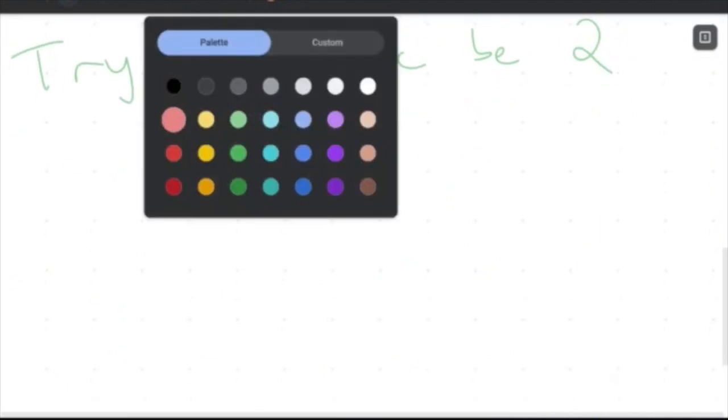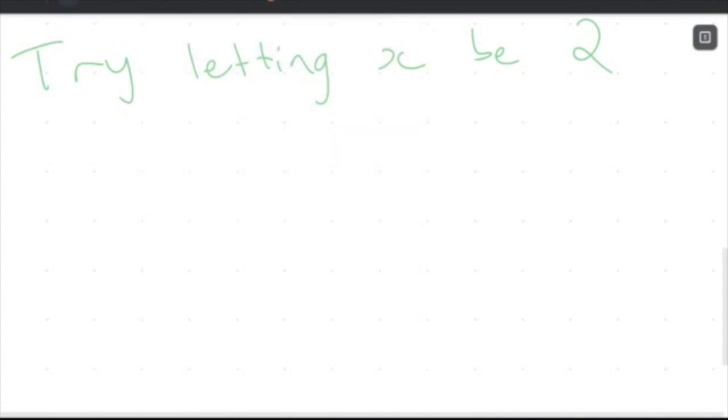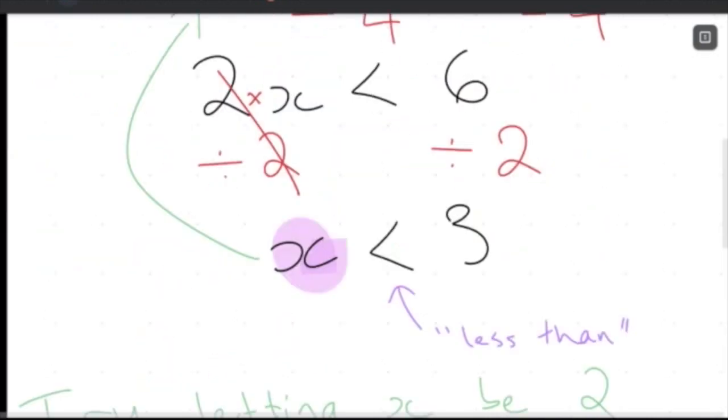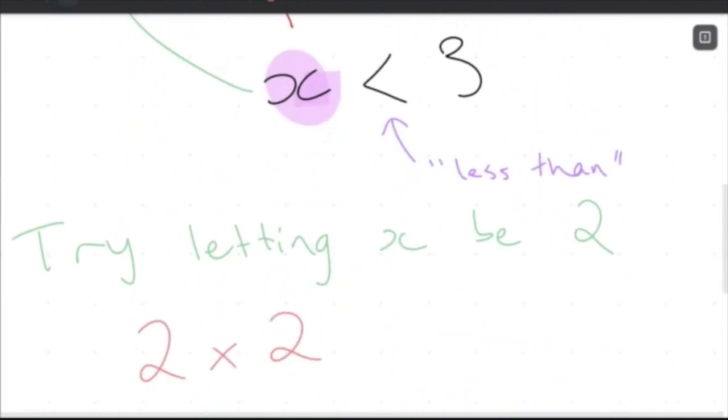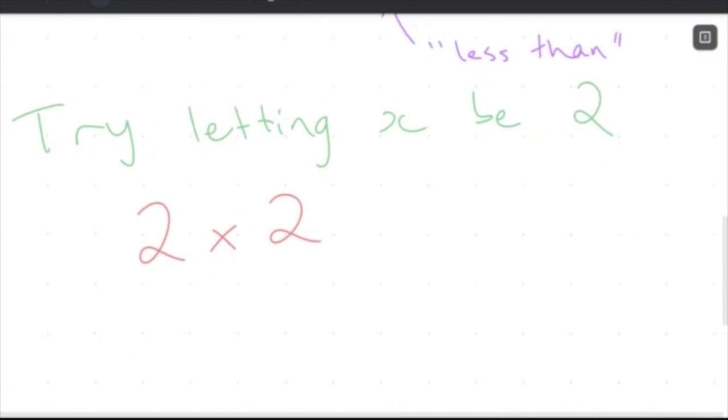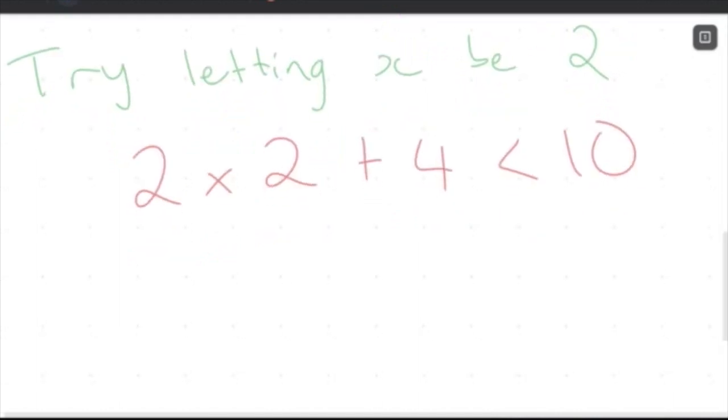So I'm going to substitute that in, and I get 2 times 2, so instead of x, I've just put my 2 from here, plus 4, which should be less than 10. Now, 2 times 2 gives me 4, plus 4 gives me 8.